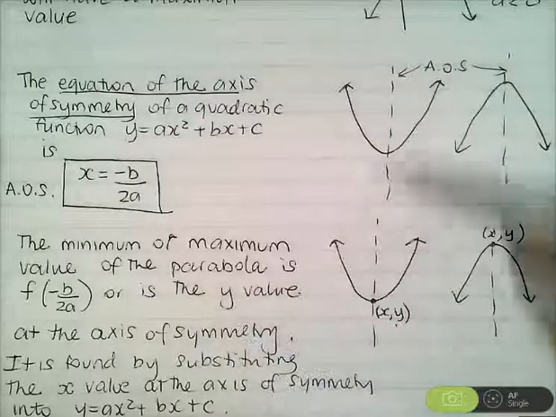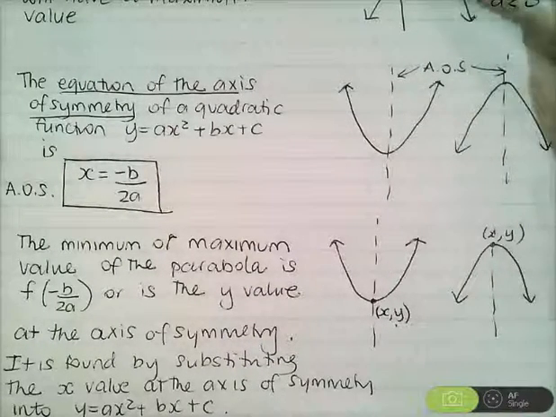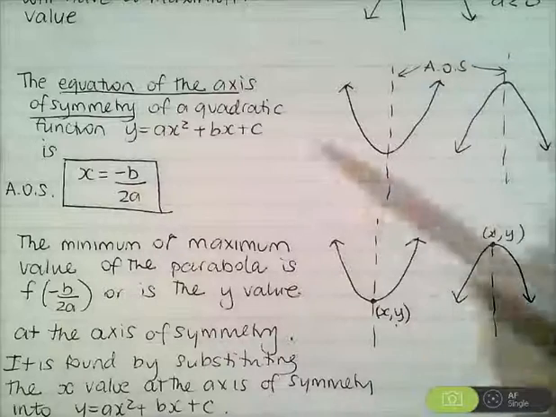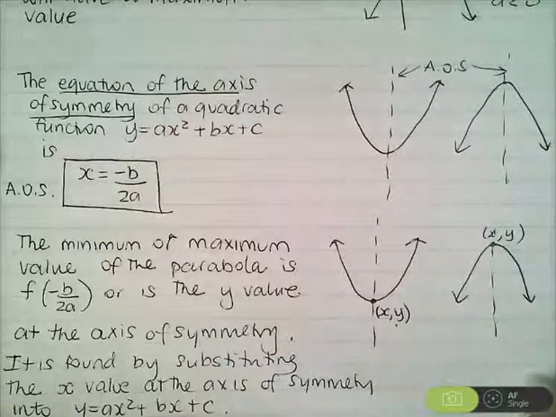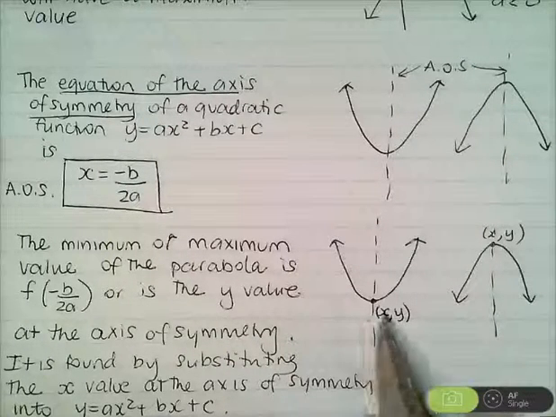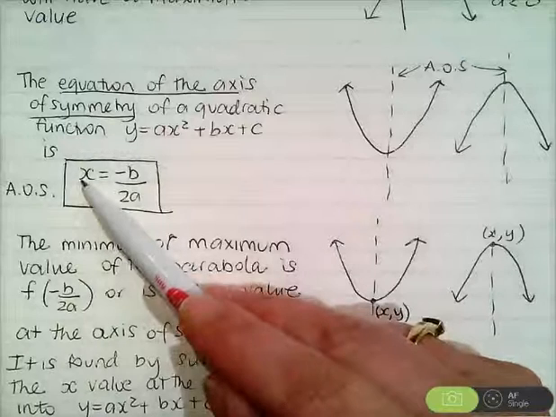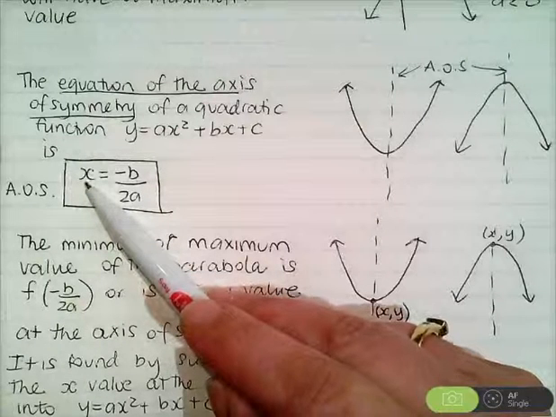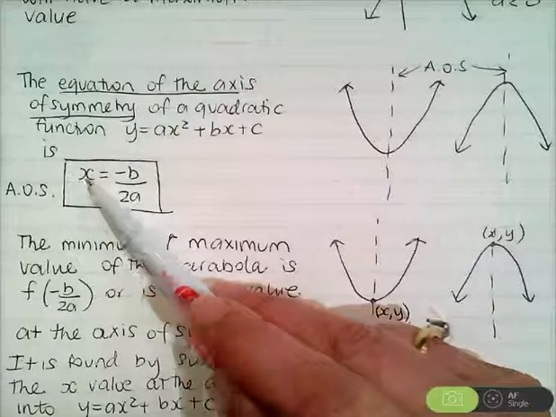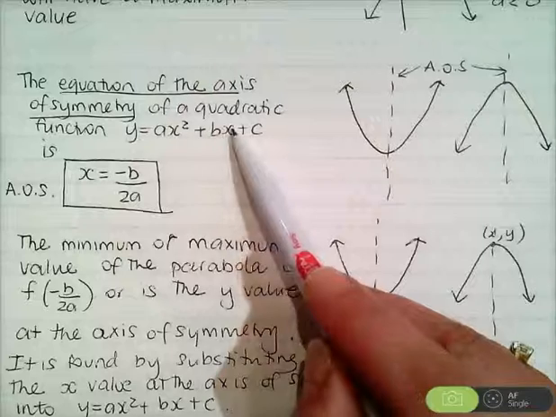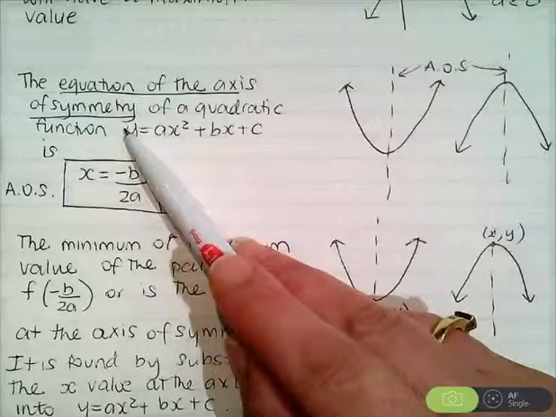Now once you've found the axis of symmetry, you can then go back and find the maximum or minimum value of the parabola. So once you've found the x value at the axis of symmetry, you then substitute that x value into your equation, and you'll be able to then work out the y value.